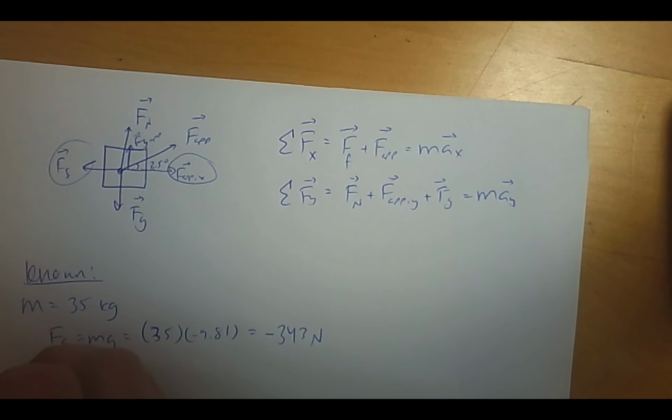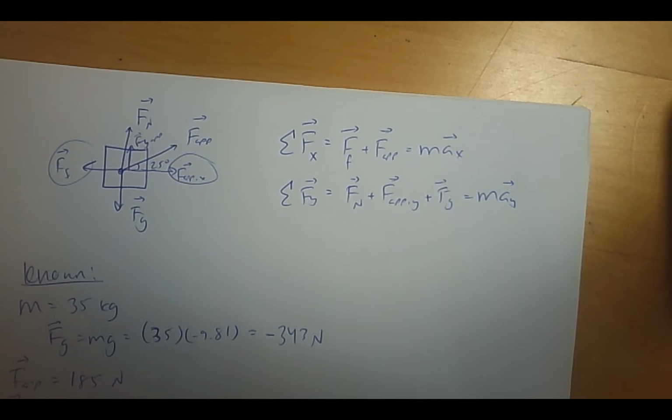The applied force is 185 newtons, which means that the x component of the applied force would be 185 cosine of 25, and the y component of the applied force is 185 sine of 25. So we have 168 newtons and 78 newtons.